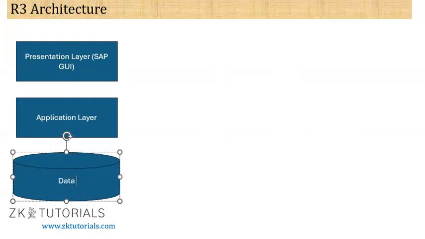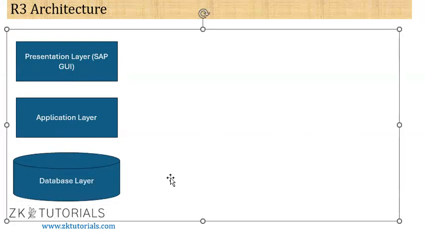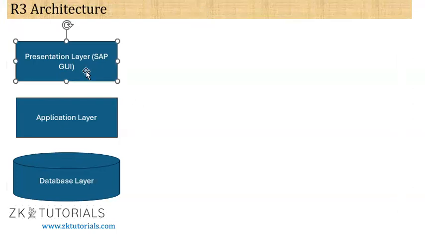So this is our presentation layer, typically your SAP GUI. Then we have our application layer, which is nothing but your NetWeaver platform, where we execute your ABAP code and also the different variety of ERP. And finally comes your database layer. And this is all your three-tier architecture.